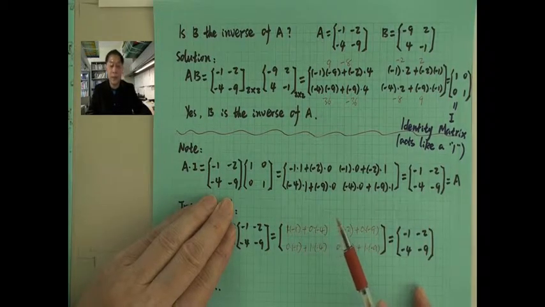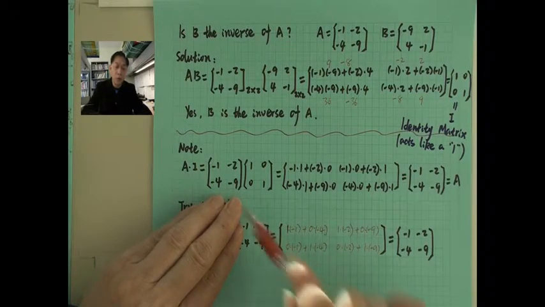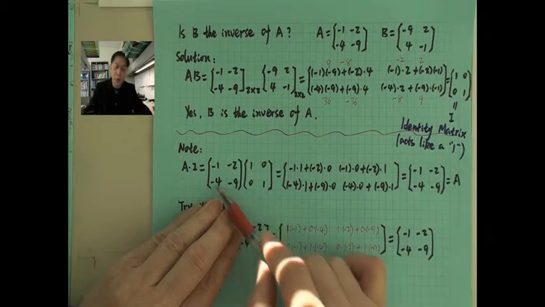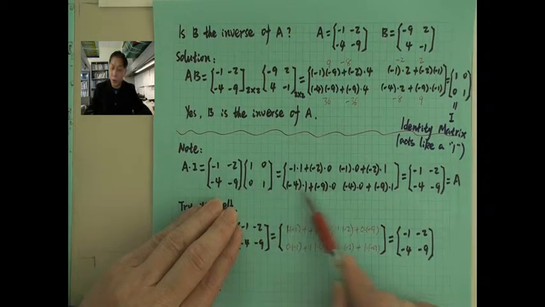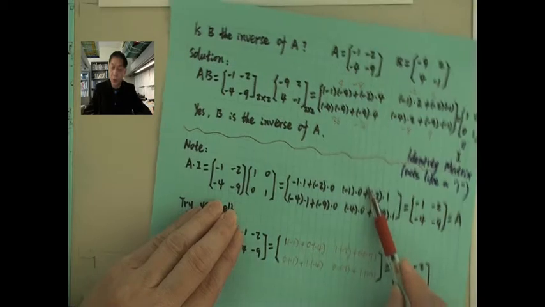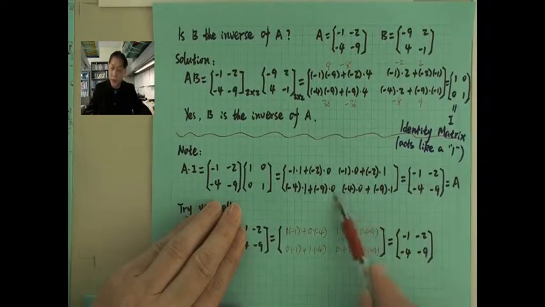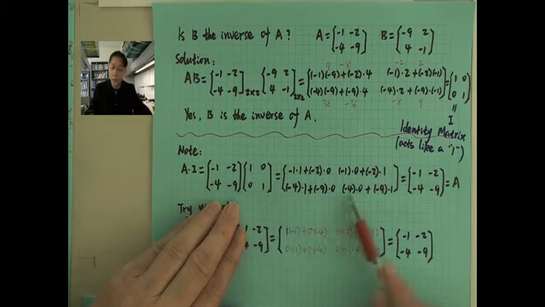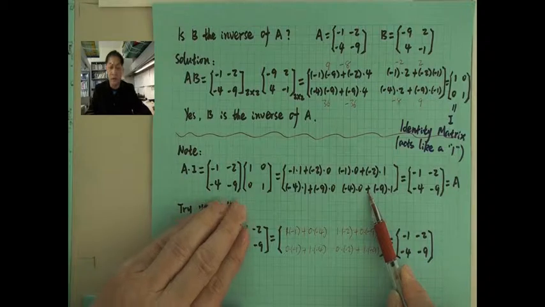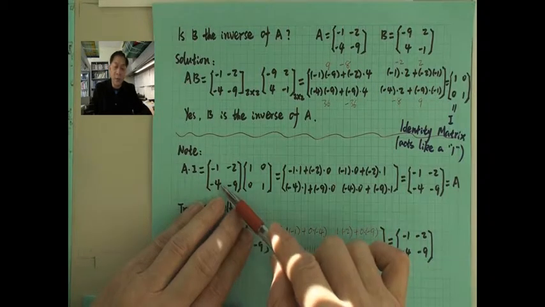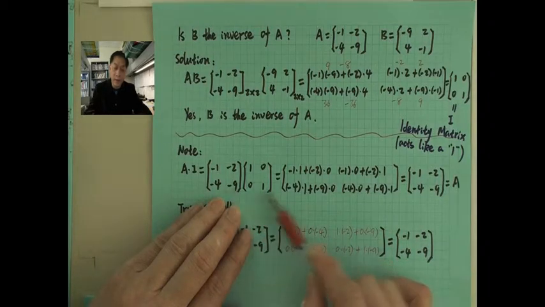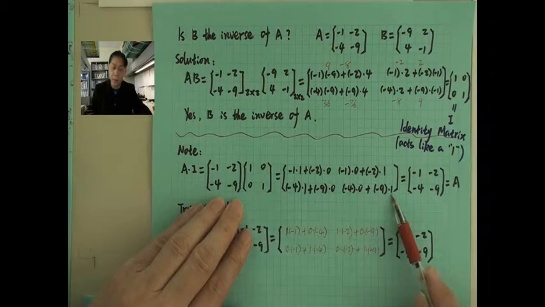Now it's our turn to do row 2 times column 2. You should put it in row 2, column 2, that's this spot. So -4 times 0, and -9 times 1.